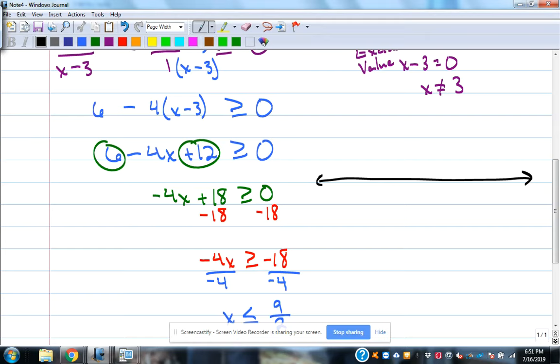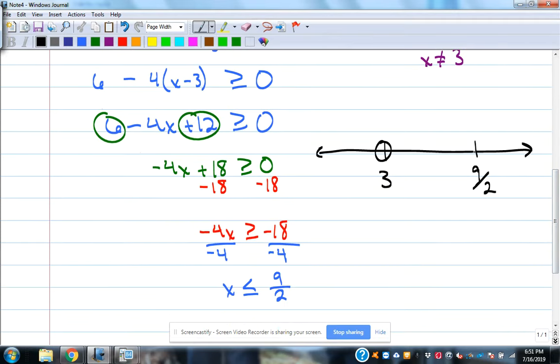Because x couldn't be 3 was an excluded value. 9 over 2 is 4.5, right? We all know that. So at 3 and then 9 over 2. So we had any excluded value we've got to take into account. We know it cannot be 3, so we're going to put an open circle on that. But we have an equal to mark on the 9 over 2, so we're going to put a filled in dot there.